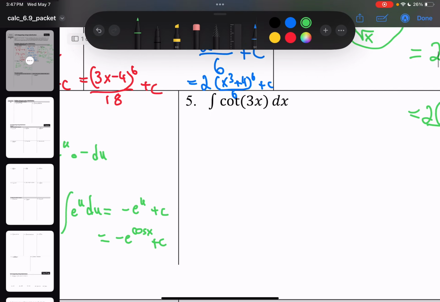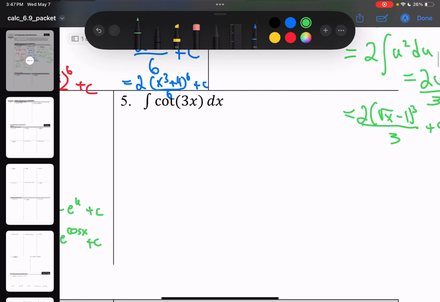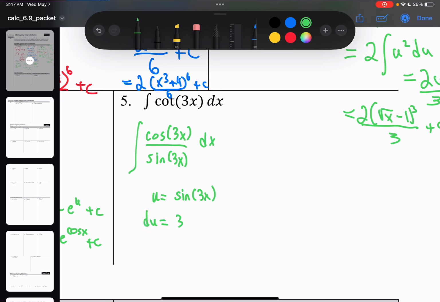Number 5, cotangent 3x. Cotangent 3x is the same as saying cosine 3x over sine 3x dx, of course. In this case, you take the denominator as u. So u is sine 3x, and du is going to be 3 cosine 3x dx.